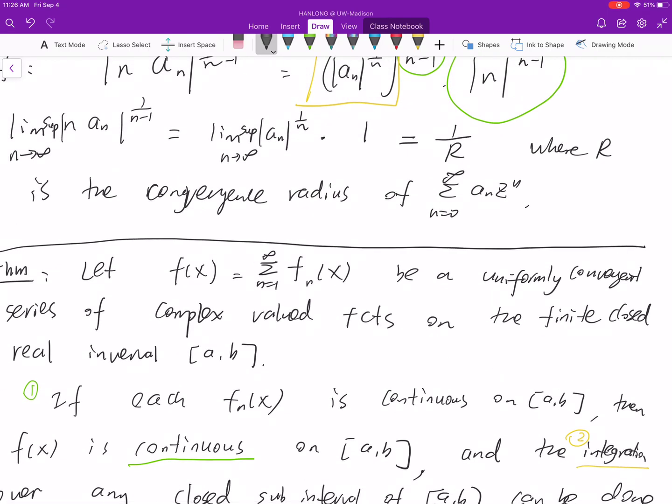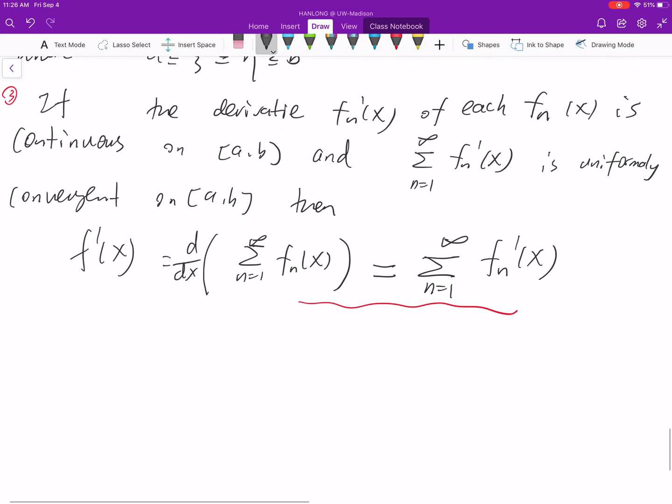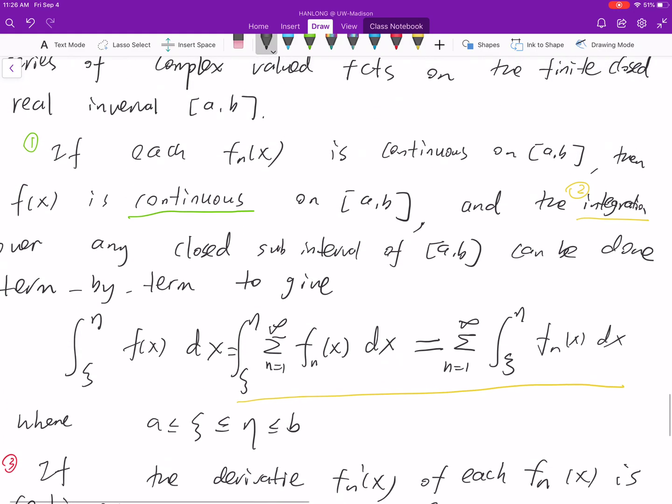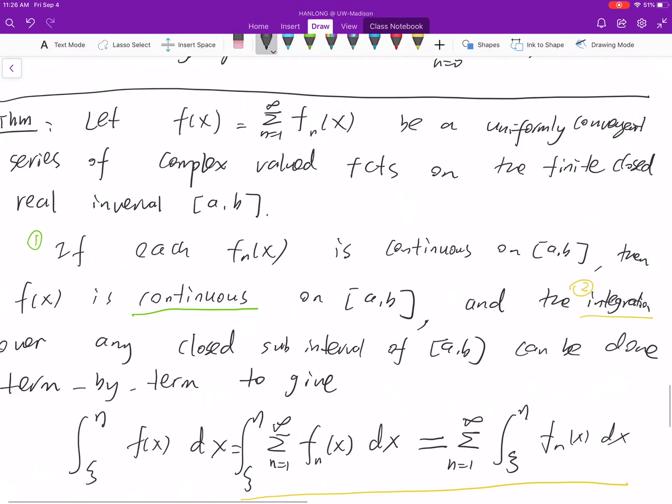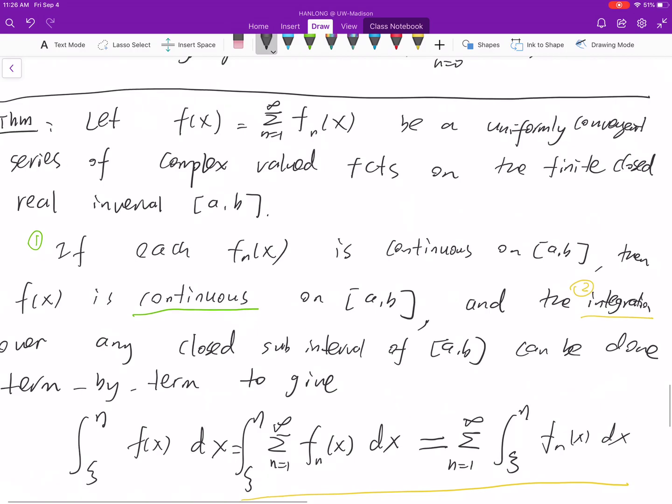So I would like to make some remark. For the first two statements, here 1 and 2, about the continuity and the integration formula, we need to assume f is uniformly convergent.